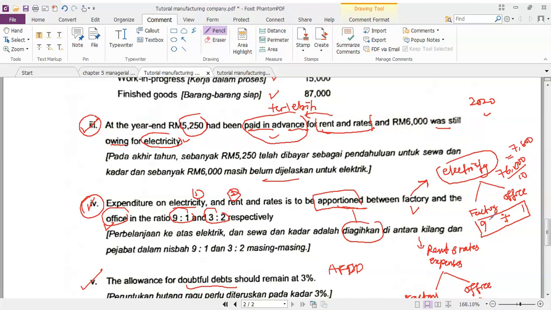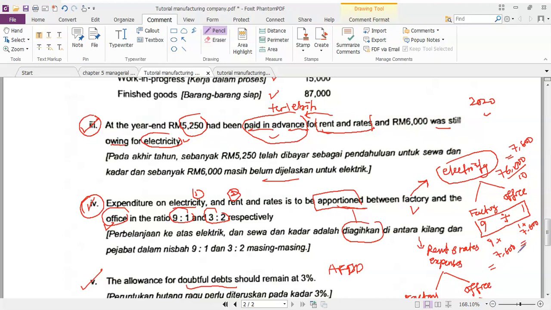And then how much is factory will get? Okay, so 9 multiply with 7,600. So same goes to office, 1 multiply with 7,600. So how much electricity for factory?